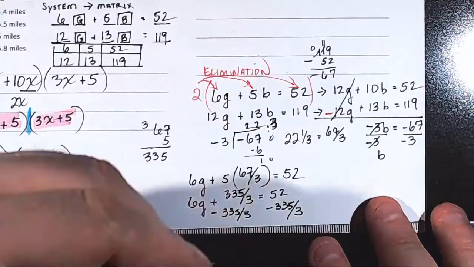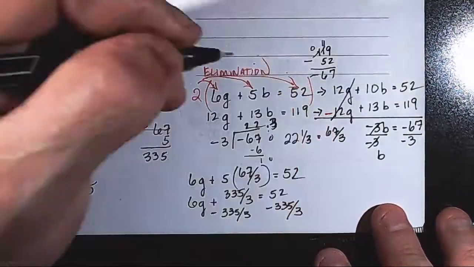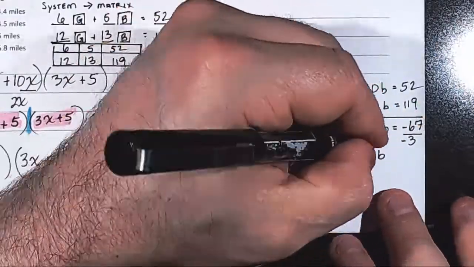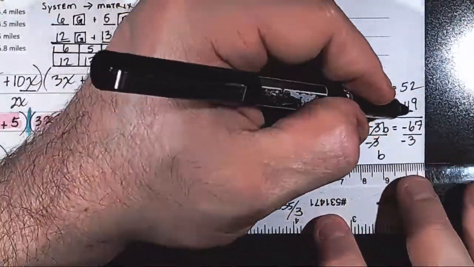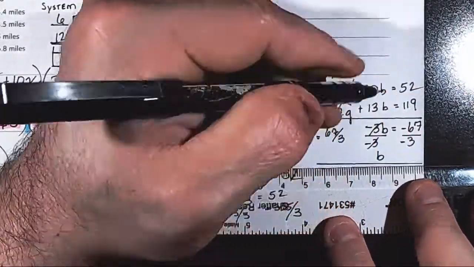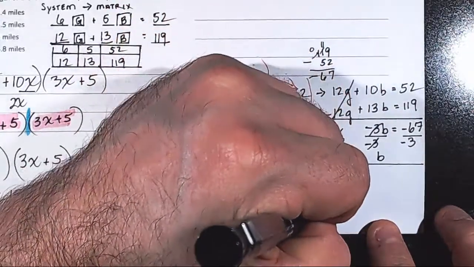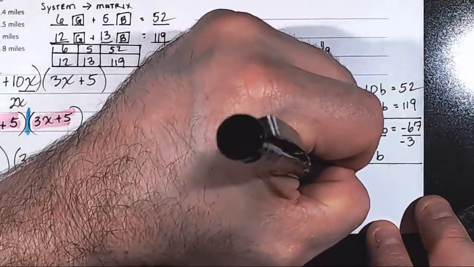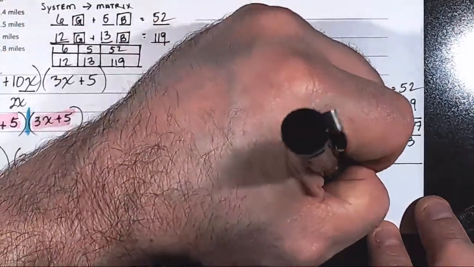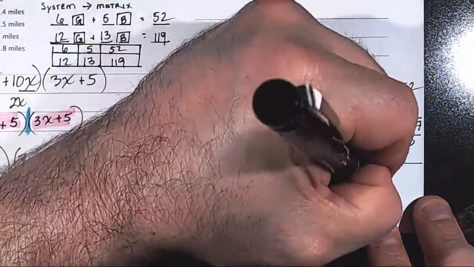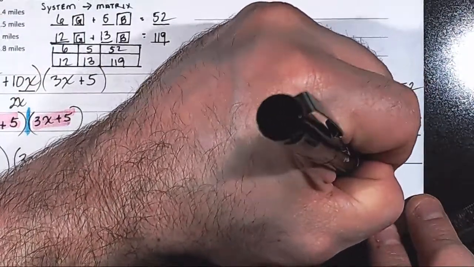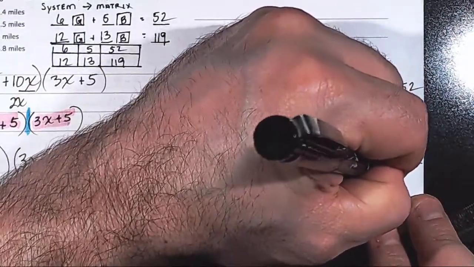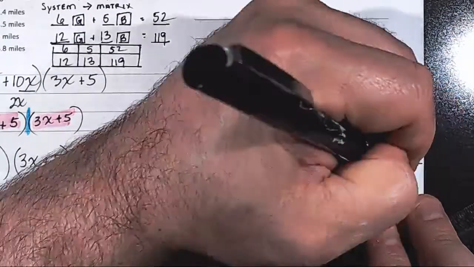I'm going to run out of space here if I'm not careful, so let me make a little bit more work room. Okay, I'm going to move this up. I now have 6g equal to 52 minus 335 over 3.